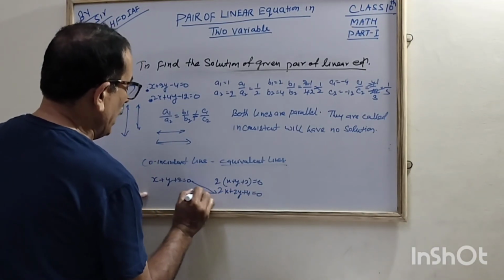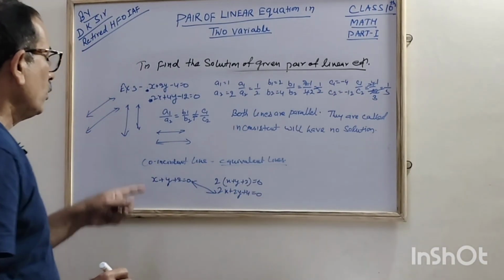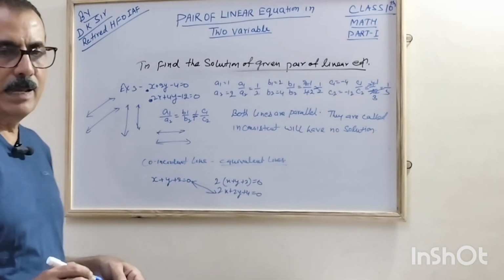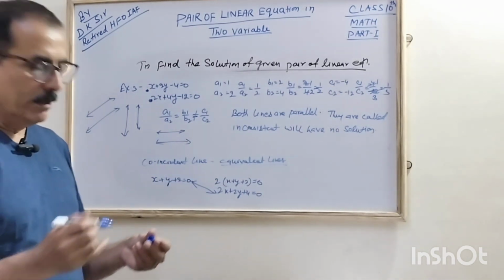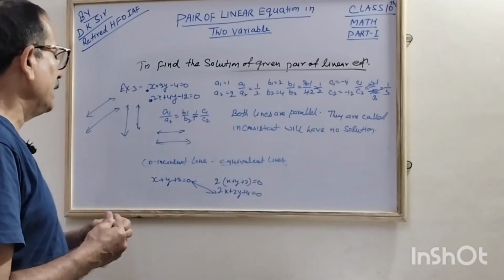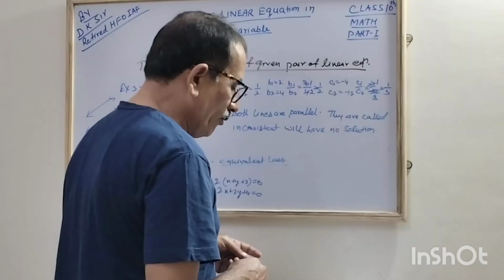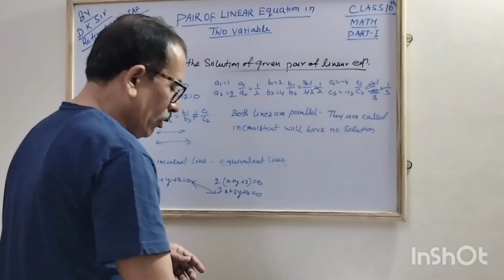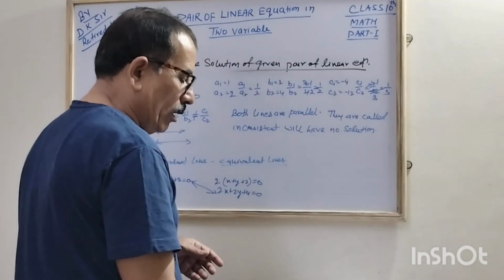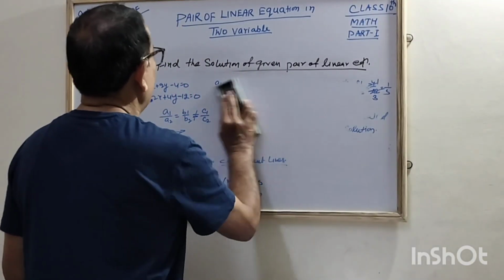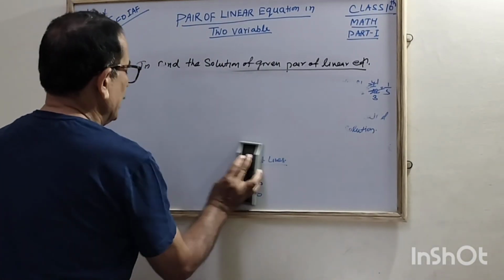So these two lines are coincident lines, these two lines are equivalent lines. So don't get confused whether there is a difference or not. There is absolutely no difference between the coincident line and the equivalent line, correct? Now we have already explained all the three conditions of the pairs of linear equations.